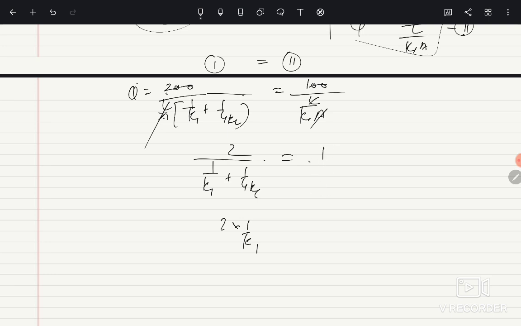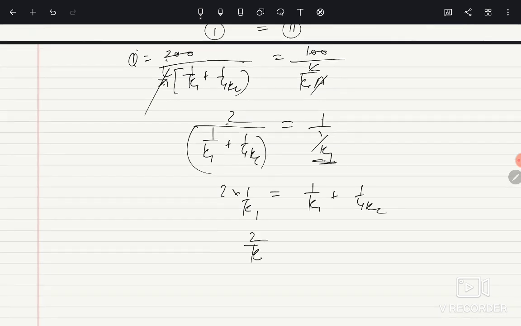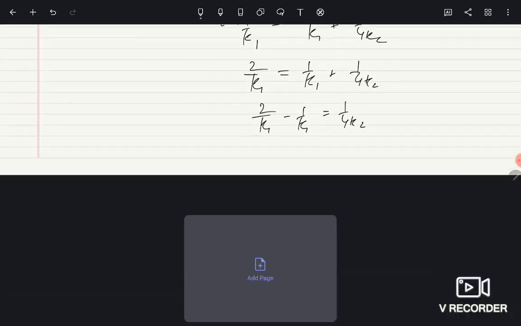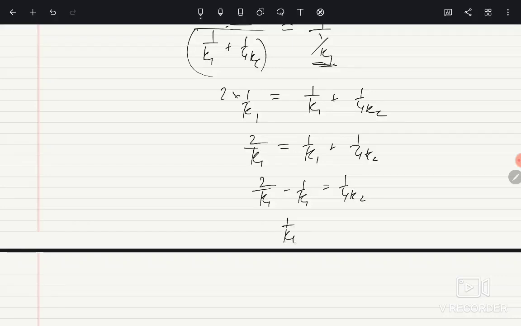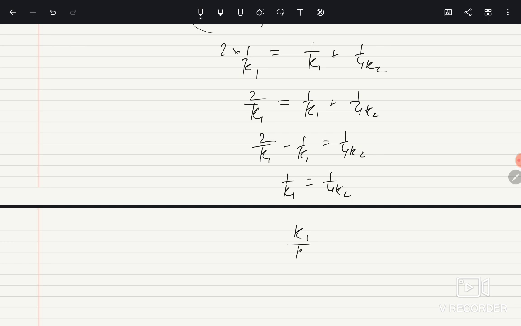This will get cross multiplied, so 2 by K1 is equal to 1 by K1 plus 1 by 4 K2. So 2 by K1 minus 1 by K1 is equal to 1 by 4 K2. This is 1 by K1 is equal to 1 by 4 K2. So this will give us the ratio K1 by K2 is equal to 4.